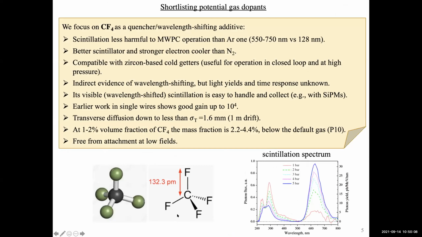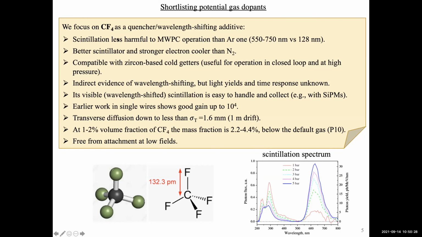Now, there are better ways to do that. So we could think of some dopants that don't just do purely quenching, but allow some type of energy shift from the excited states of argon to the excited state of CF4. And from that point on, the scintillation process can take place.